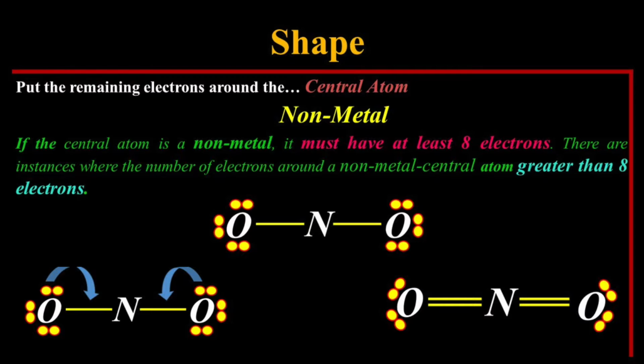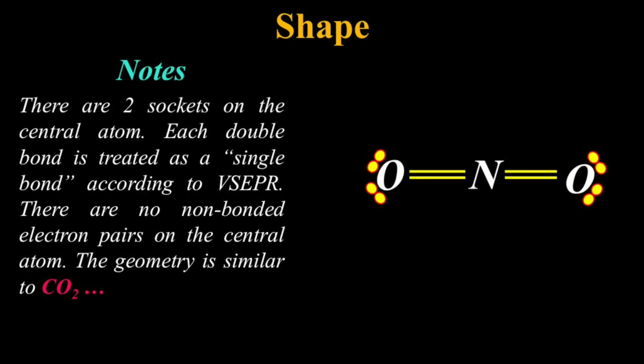So it's going to be sort of like the same geometry as possibly carbon dioxide. There are 2 sockets on the central atom. Each double bond is treated as a single bond, quote unquote.